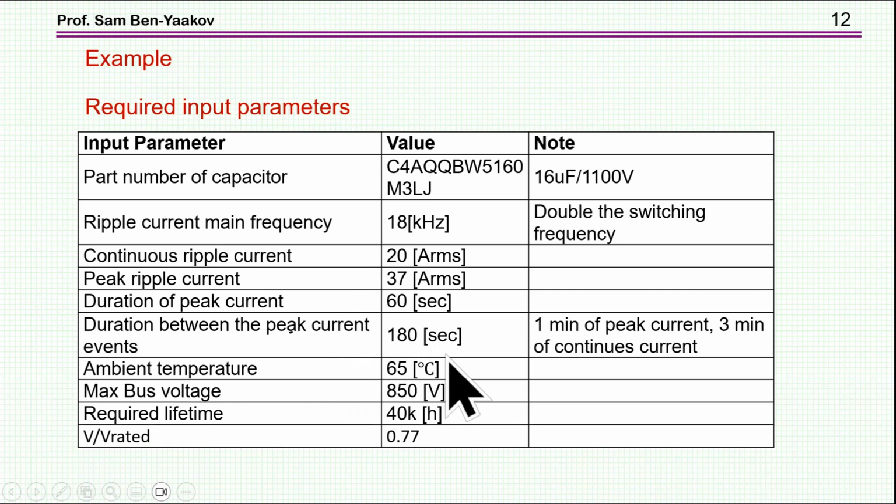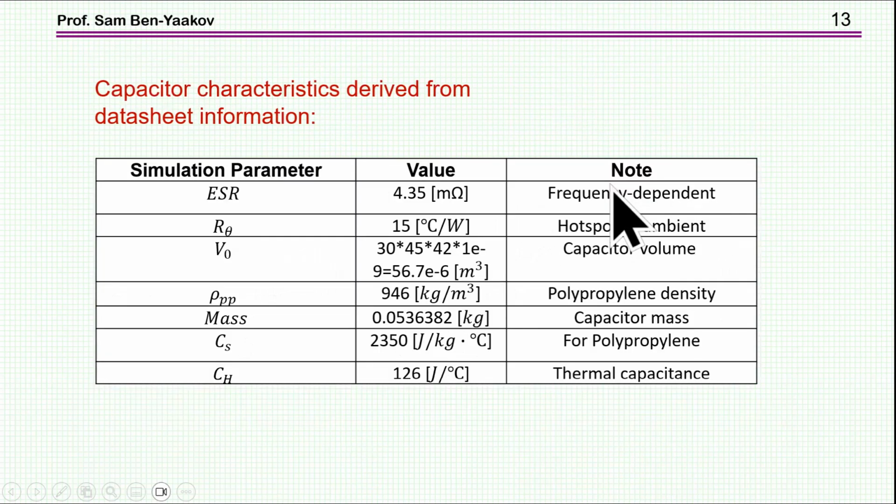So it's representing an operation of, say, an inverter for a vehicle or something like that, where you have an average current, then from time to time a higher current. The ambient temperature is assumed to be 65, voltage 850, and we would like to have a 40 kilo-hour lifetime, and the 850 volt is 0.77 of this capacitor's 1100 volt.